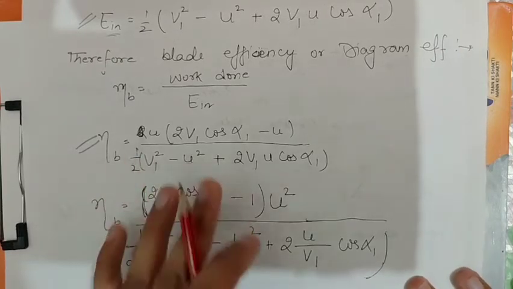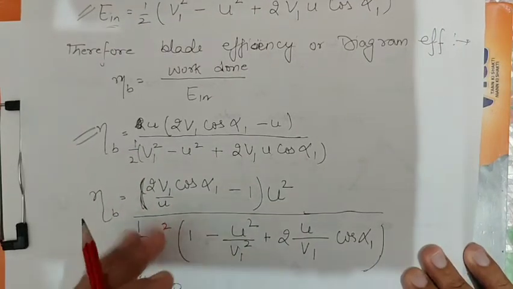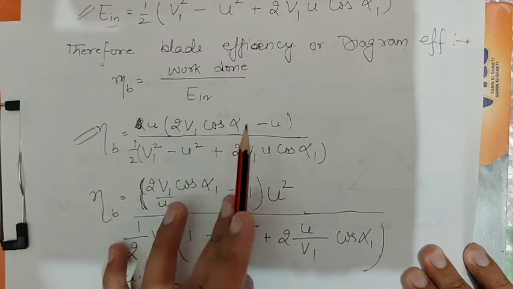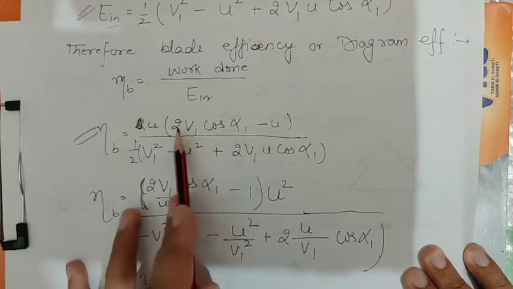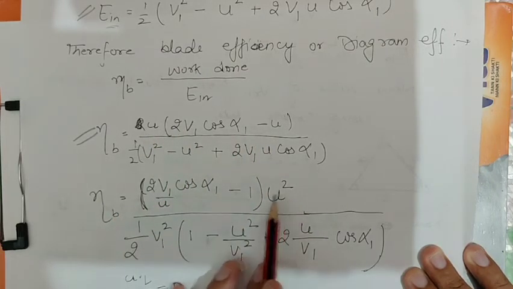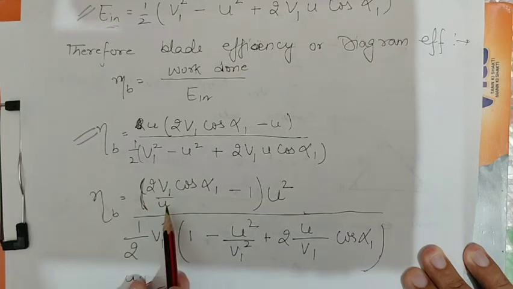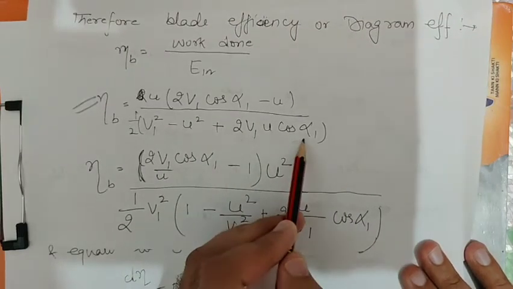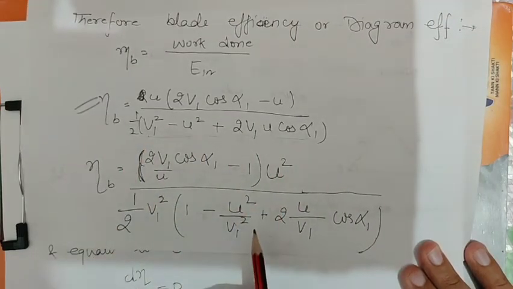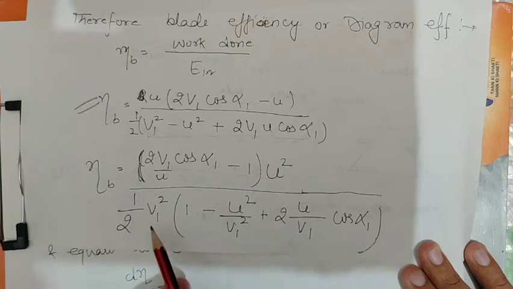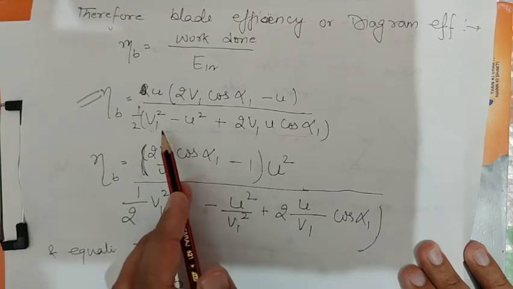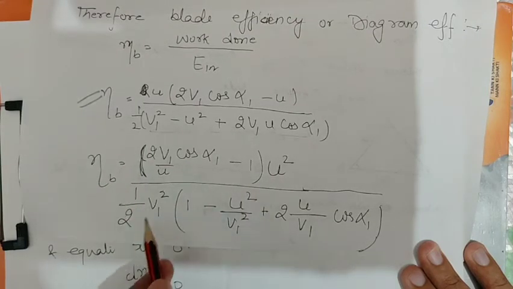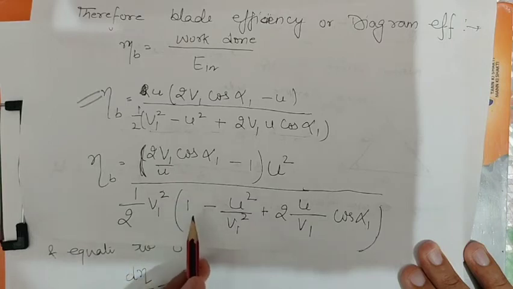In the next step, we have taken U common from this equation, so U square times (2V1 over U cos alpha 1 minus 1). And from this equation we have taken V1 square common, so we get half V1 square times this value.